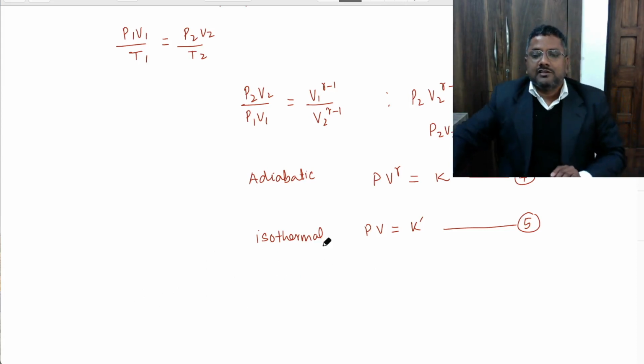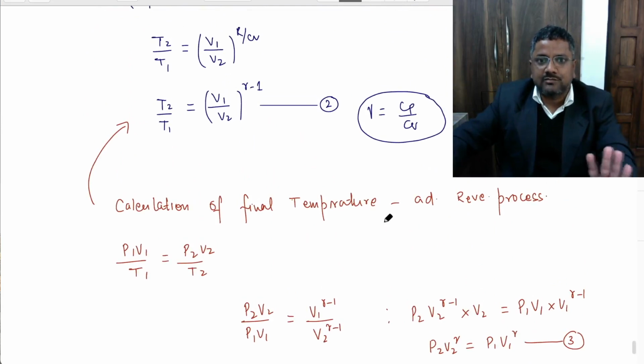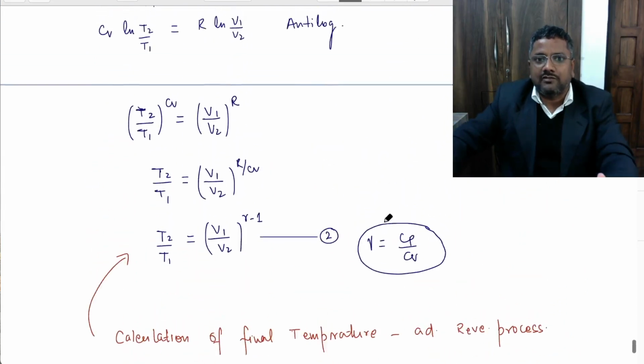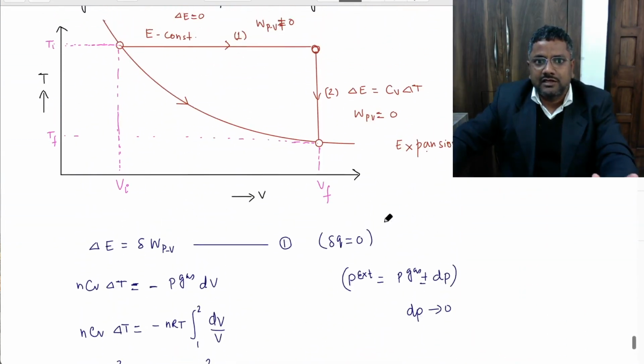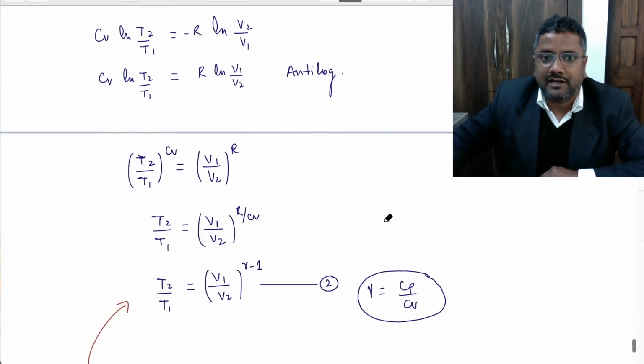So these are the different temperature, pressure, and volume you can calculate in the case of reversible adiabatic expansion.